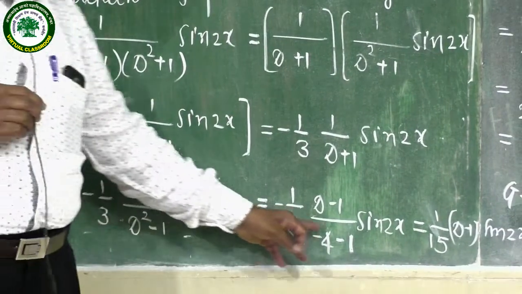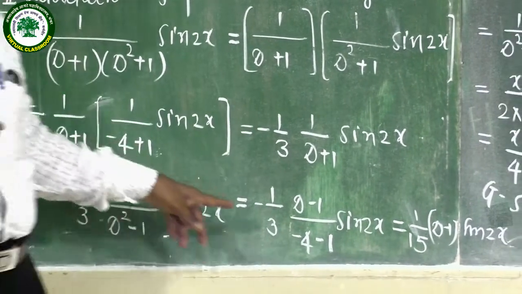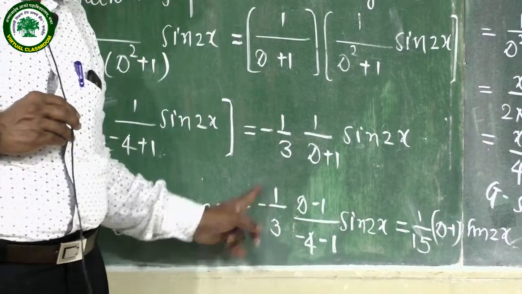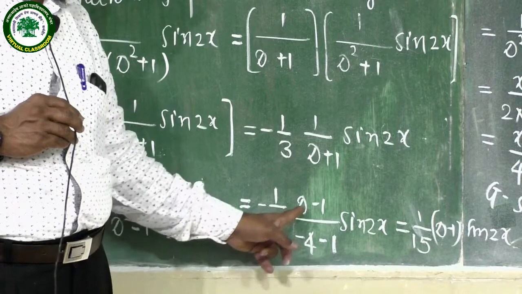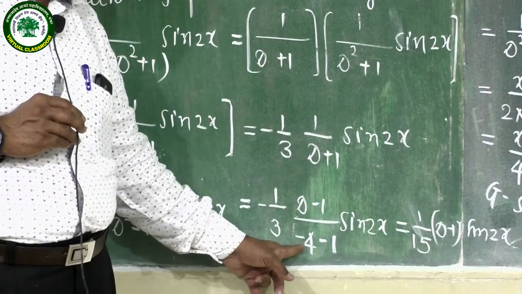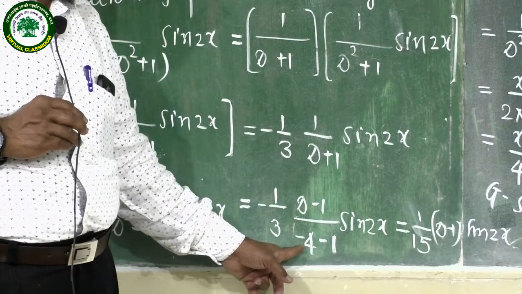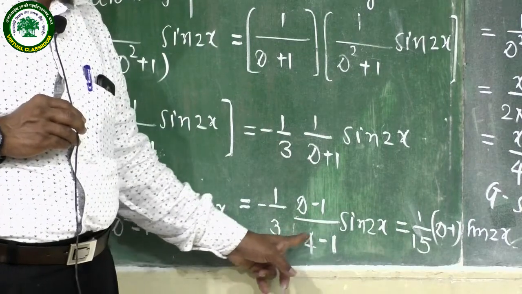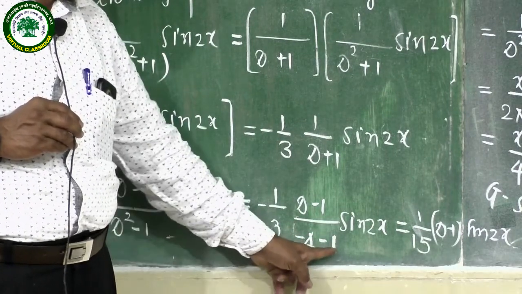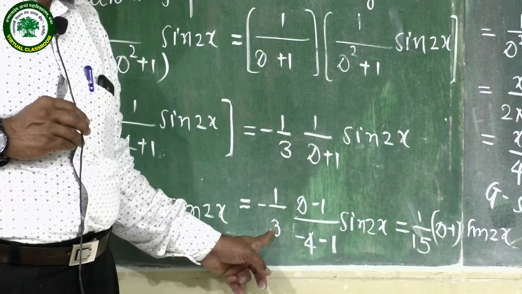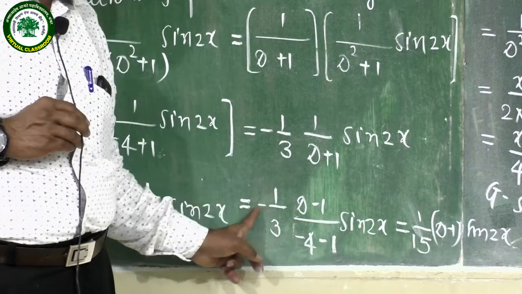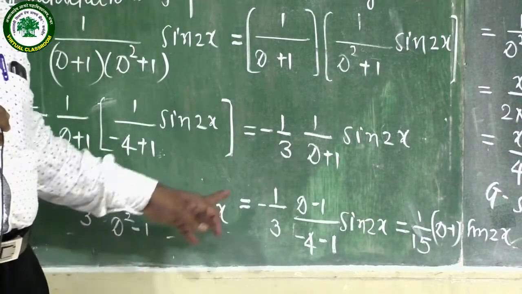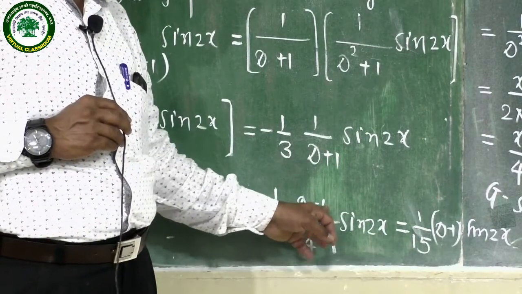Again you have to use the same formula, replace D square by minus a square. a is 2, therefore it will be minus 1 by 3 remaining as it is. This D square is again minus 2 square minus 1, that is minus 4 minus 1, which will be minus 5, multiplied by 3, that will be minus 15. Minus and minus become plus 1 upon 15, and the remaining part is D minus 1.